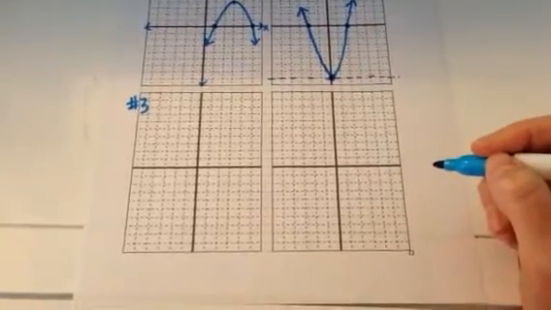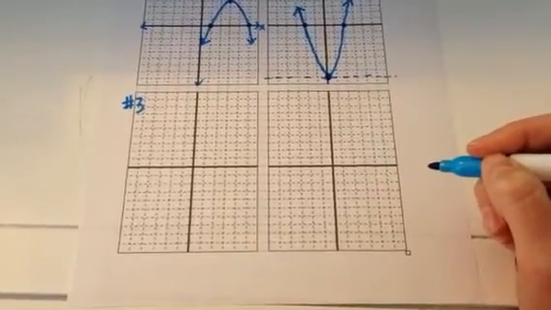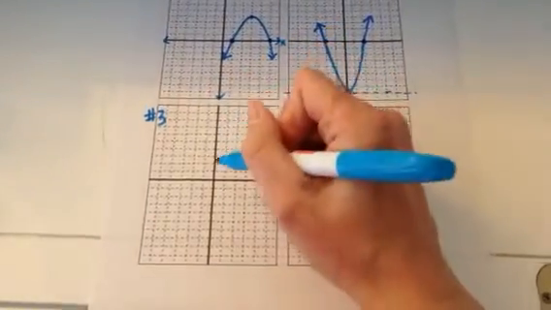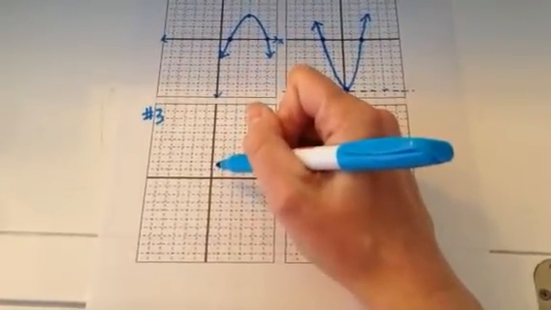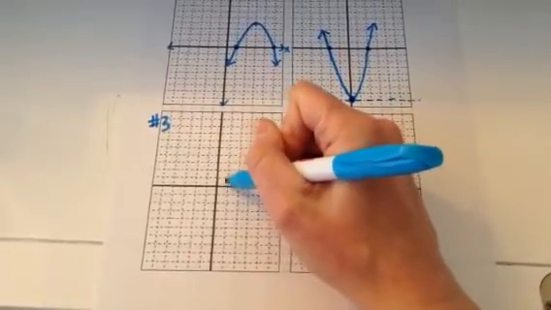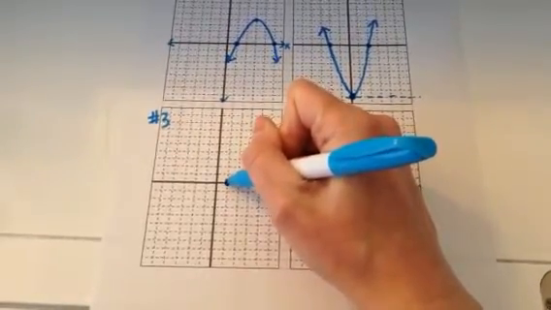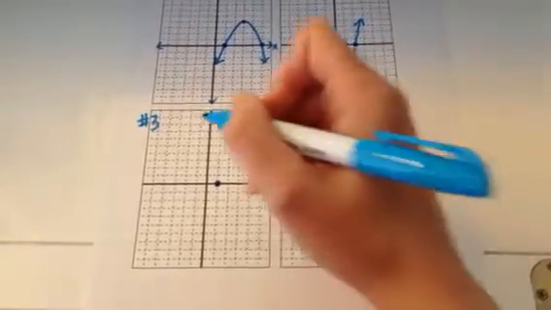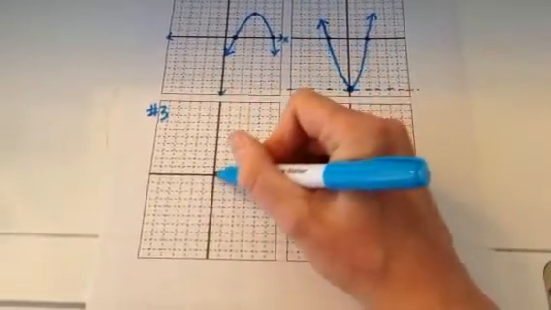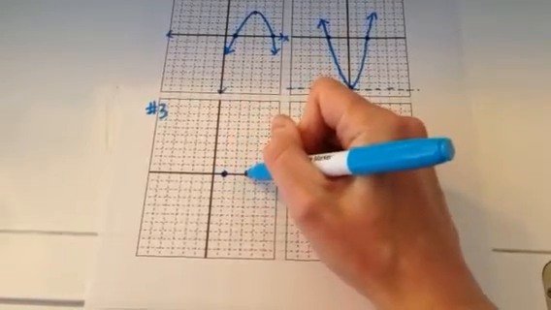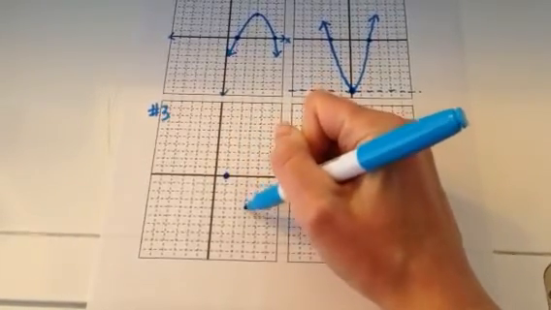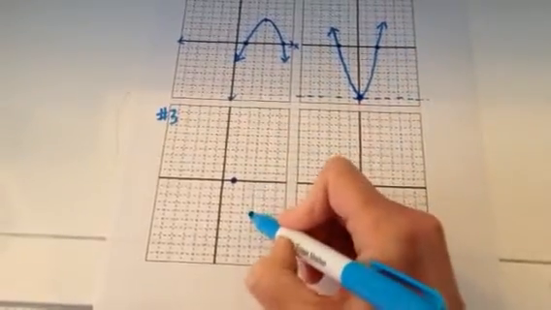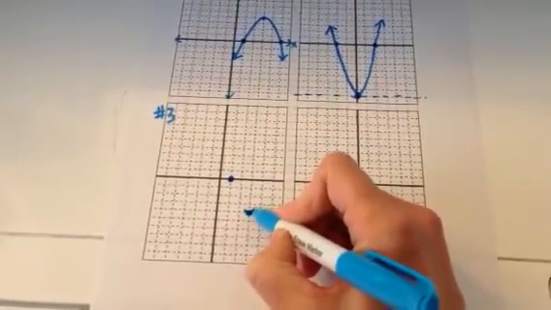On to number 3. Draw a parabola with a zero at (1, 0), so one of our x-intercepts is at (1, 0), and the vertex is at (3, -4). Our vertex is 1, 2, 3 across and 1, 2, 3, 4 down. Right from here, I know that this is going to be a minimum value.